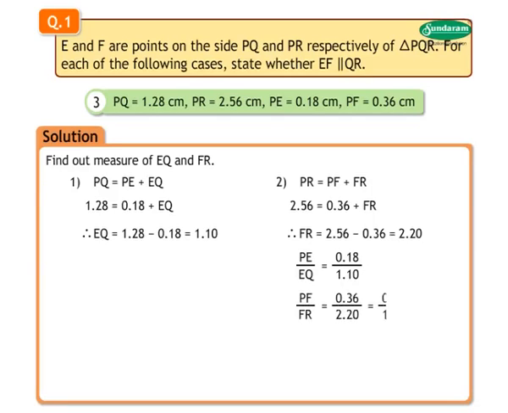PF upon FR is equal to 0.36 upon 2.20, which is equal to 0.18 upon 1.10. Thus, PE upon EQ is equal to PF upon FR. Hence, line EF is parallel to side QR.